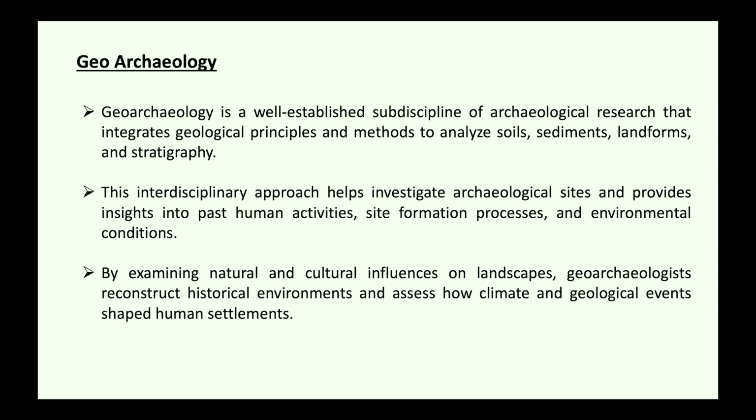Geoarchaeology. Geoarchaeology is a well established subdiscipline of archaeological research that integrates geological principles and methods to analyze soil, sediment, landforms, and stratigraphy.